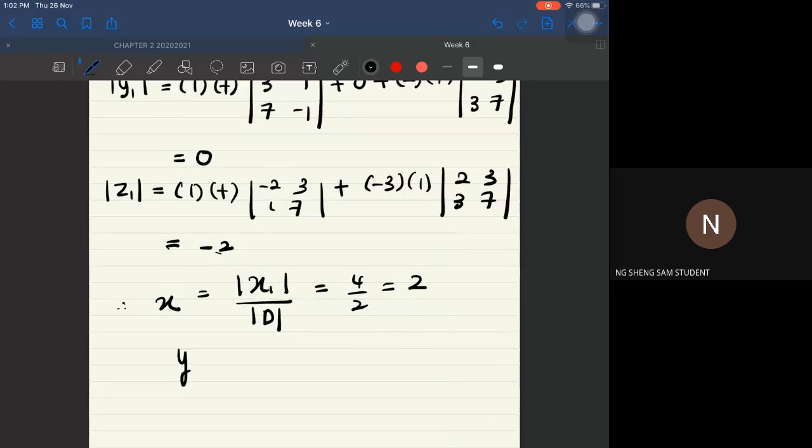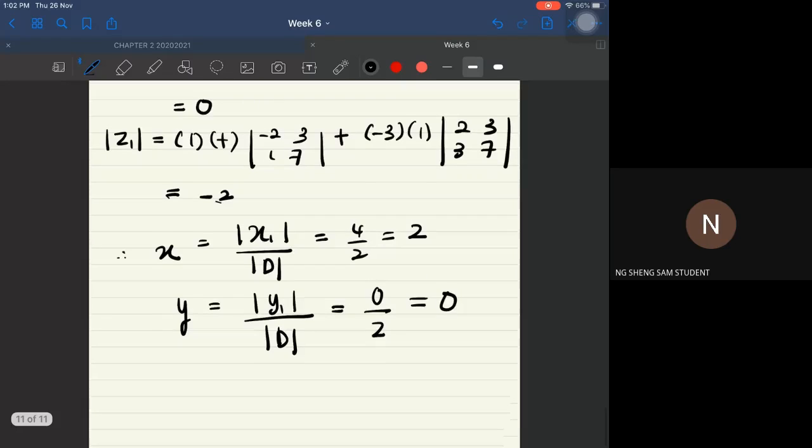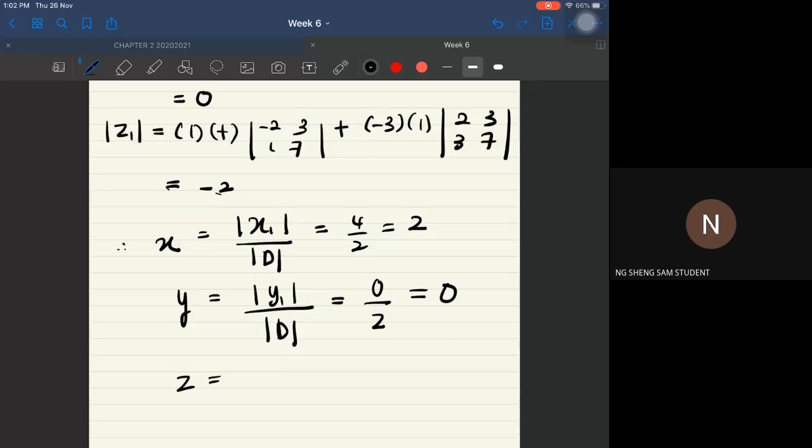Y, value of y, determinant of y1 bahagi dengan determinant of d. So 0 but divide by 2, you will have 0. And the last one for z, z1 over the determinant of d. So negative 2 divided by 2 is equals to negative 1.